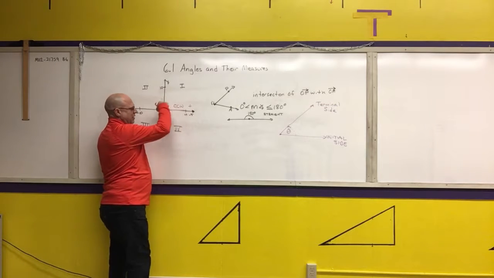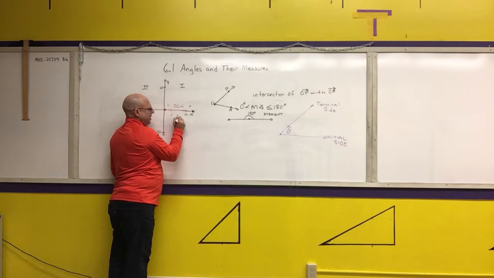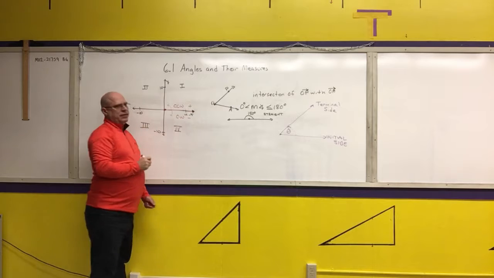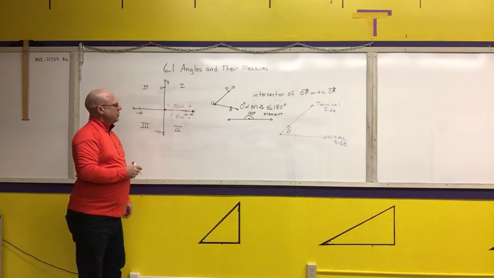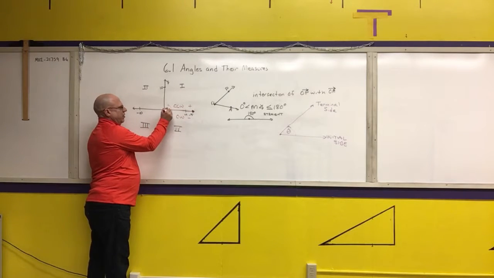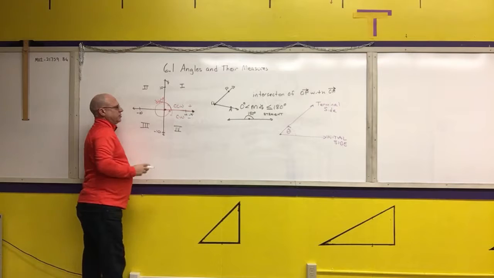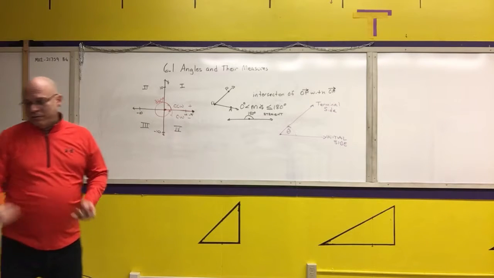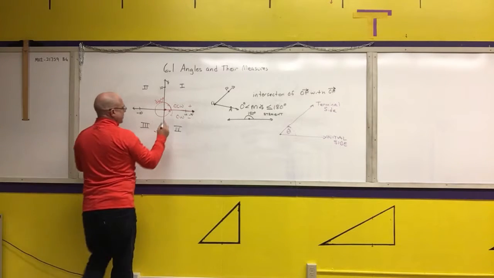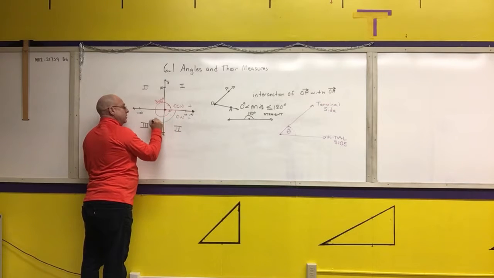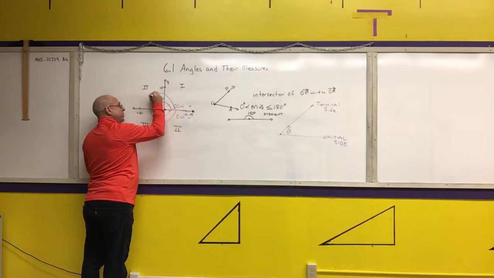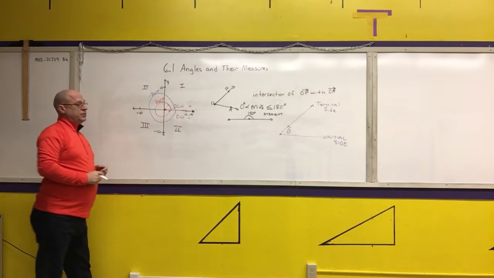That's what's considered a positive rotation. And if I rotate clockwise, it's considered a negative rotation. An entire revolution is 360 degrees. And if I do a revolution in the other direction, I would call that one negative 360 degrees.